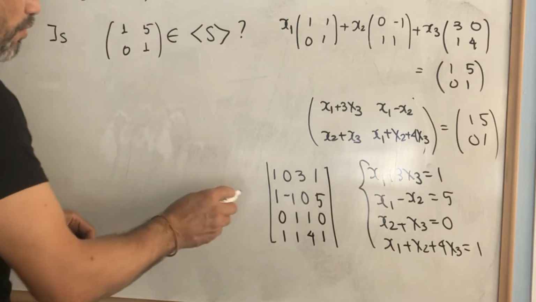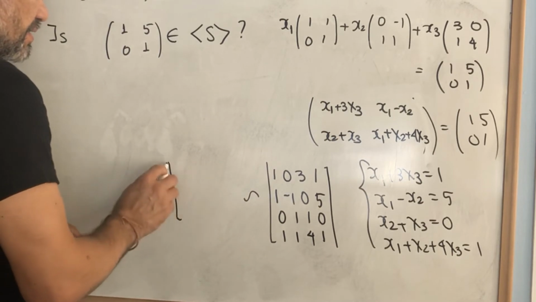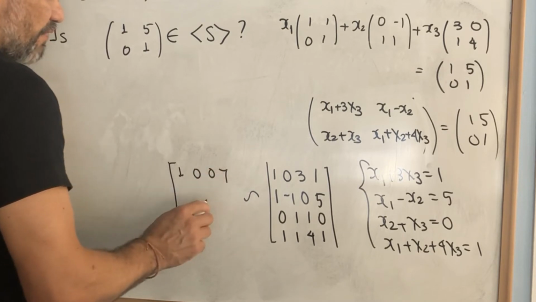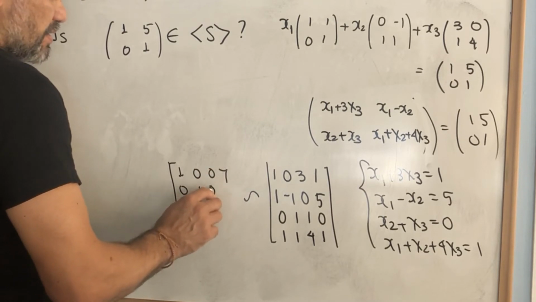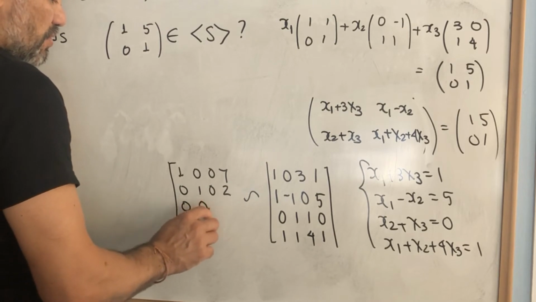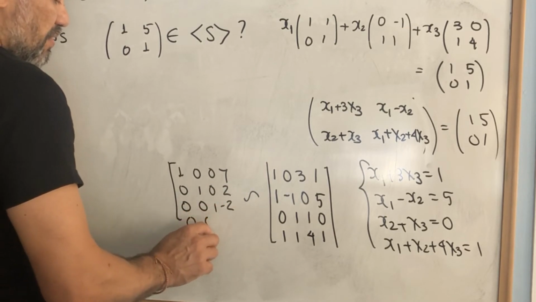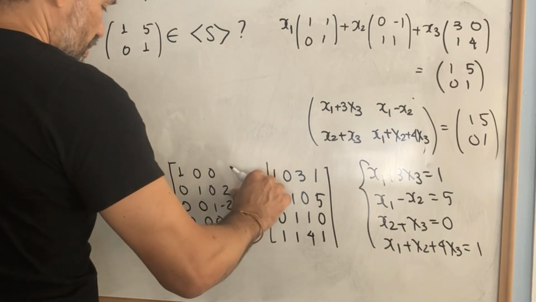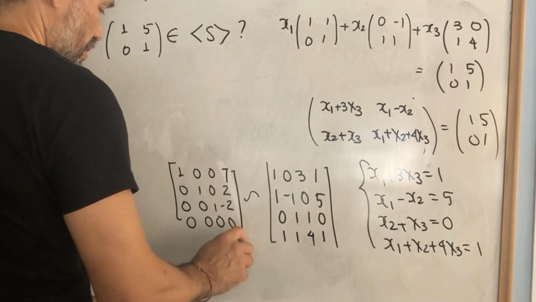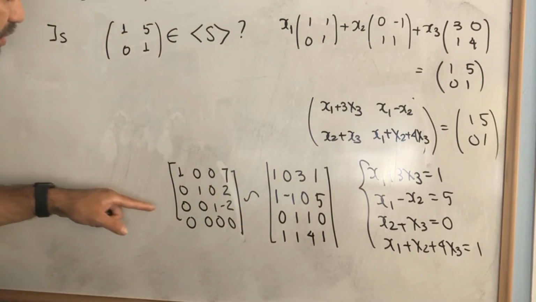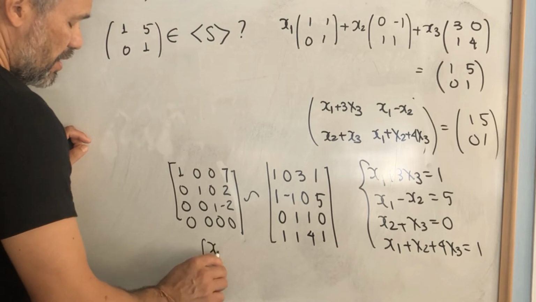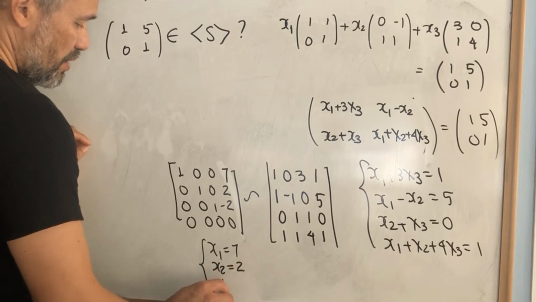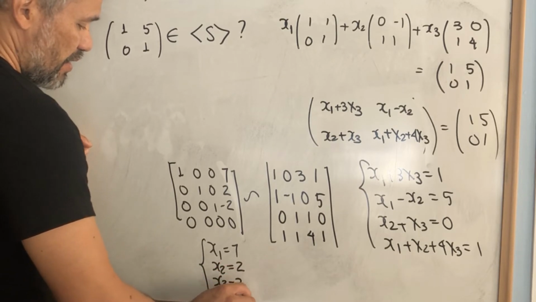And if we row reduce, we get that this matrix is row equivalent to the matrix 1, 0, 0, 7, 0, 1, 0, 2, 0, 0, 1, negative 2, 0, 0, 0, 0. And therefore the solution for this system would be x1 equals 7, x2 equals 2, and x3 equals negative 2.